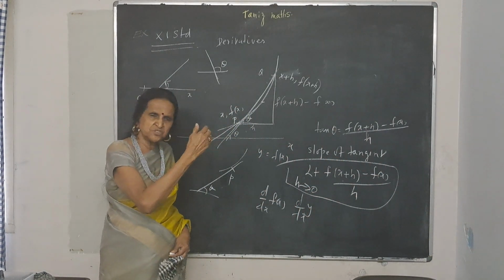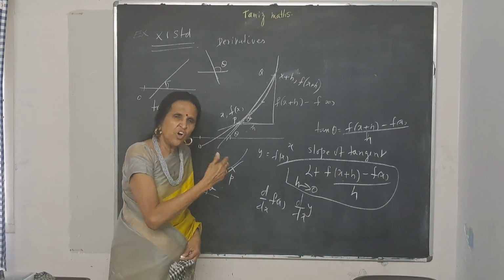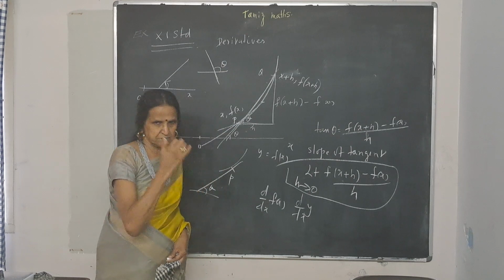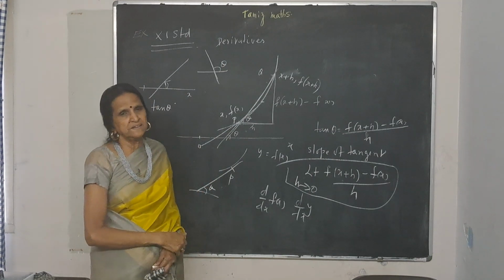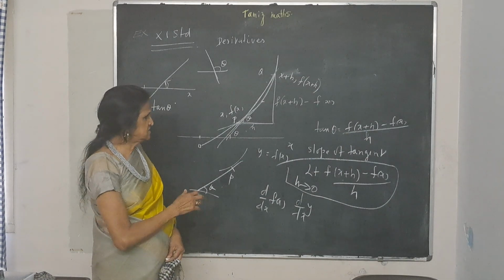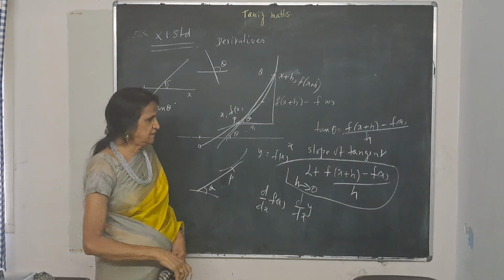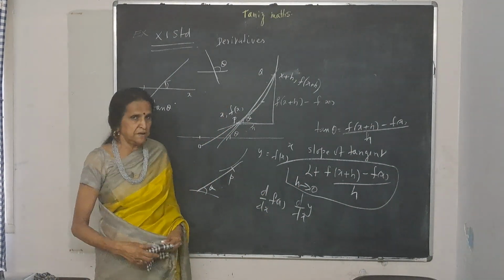The process you do is called differentiation. And what you get will be the derivative. This is the derivative, and this is how you get it. And getting the derivative by this method will be called the first principle method.